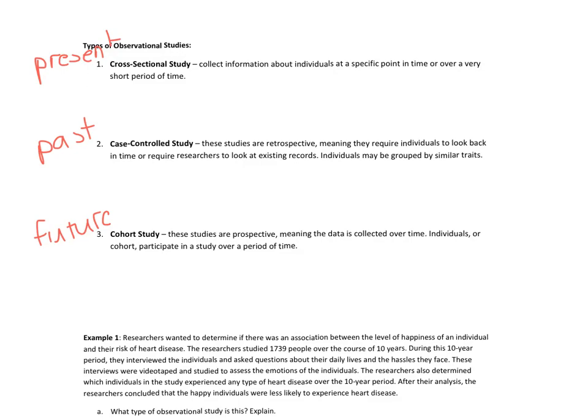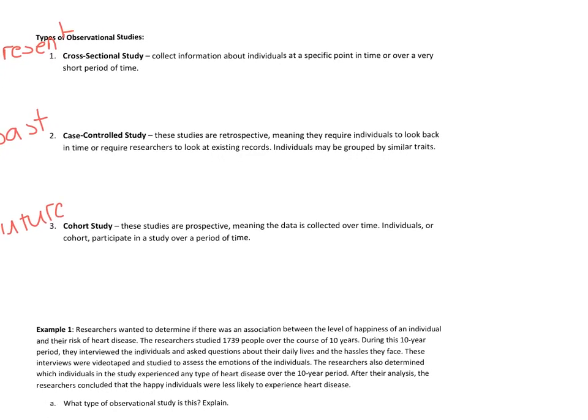Okay, so let's look at those definitions. A cross-sectional study collects information about individuals at a specific point in time or over a very short period of time. So this would be in the form of a survey. And for our smoking and lung cancer example, it could be something like, do you smoke?